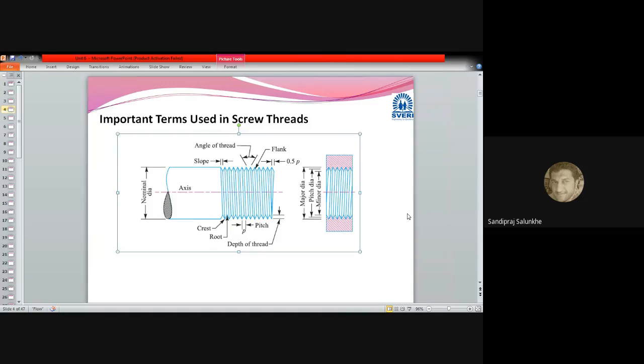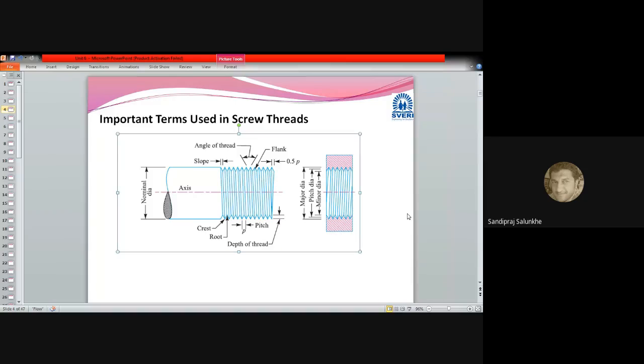We know that there are different types of threads, V threads, square threads. And the square threads are different from the V threads.